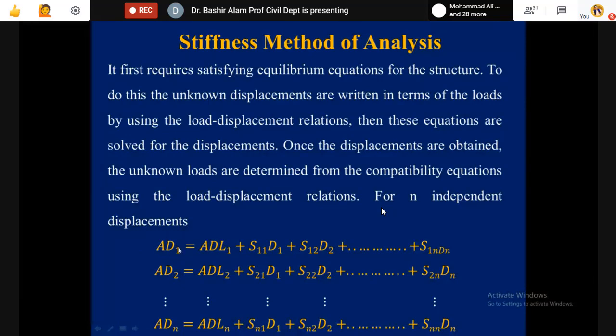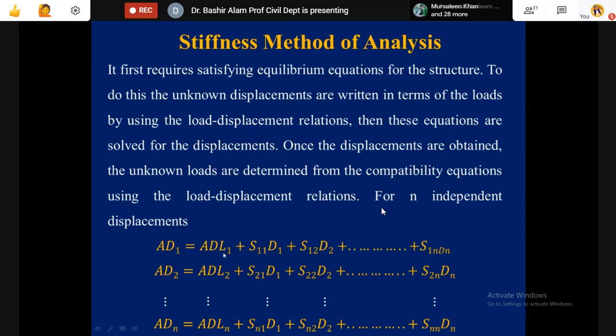But now it is AD1, so it will be the action corresponding to the displaceable joint, which has the unknown displacement. We will be recording the action, and that will be the precondition in this case.